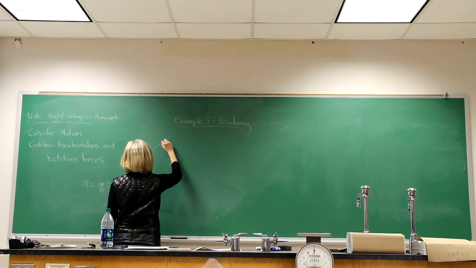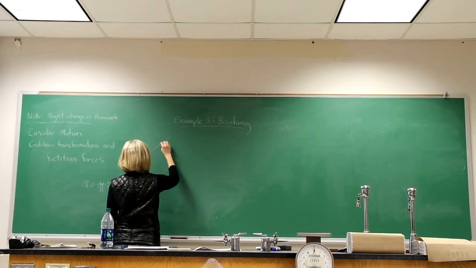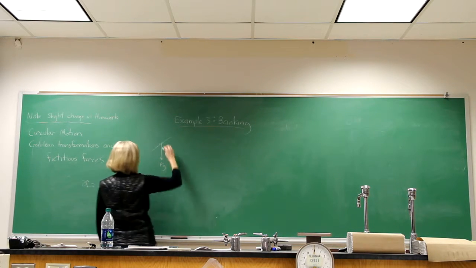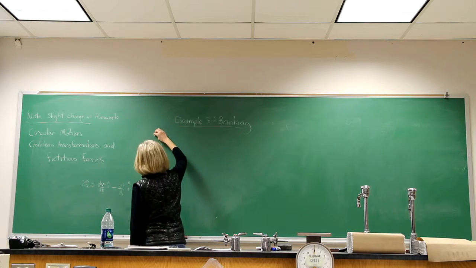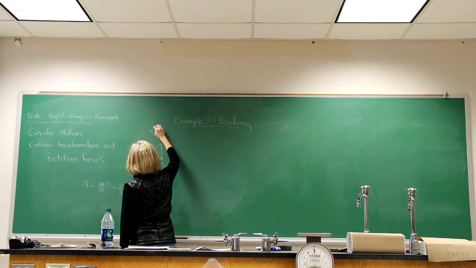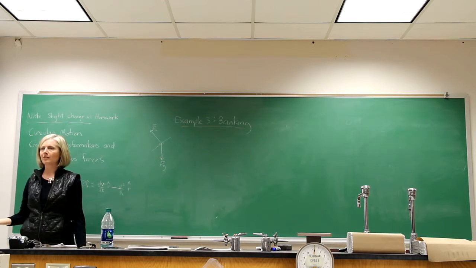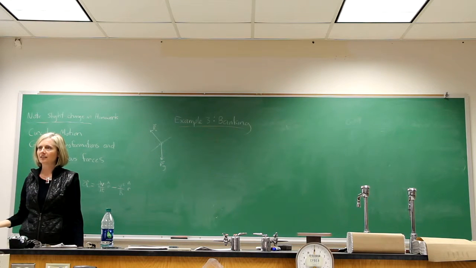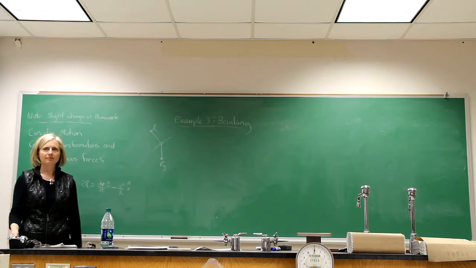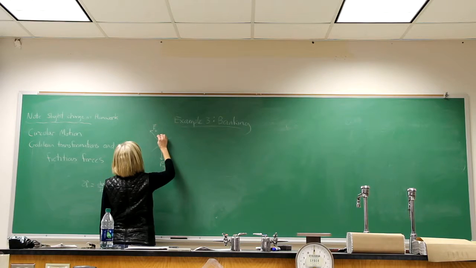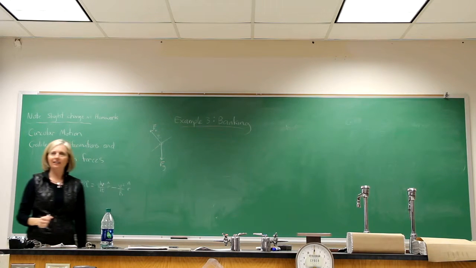So here's the object that's at an angle. It could be an airplane or a car on a slanted road. You've got gravity down, and here's the interesting thing. You've got F lift, you could call it, or normal force if it's a car going around a bend or something like that. And it's not lined up. That's the idea of it. And here's some angle, the banking angle.